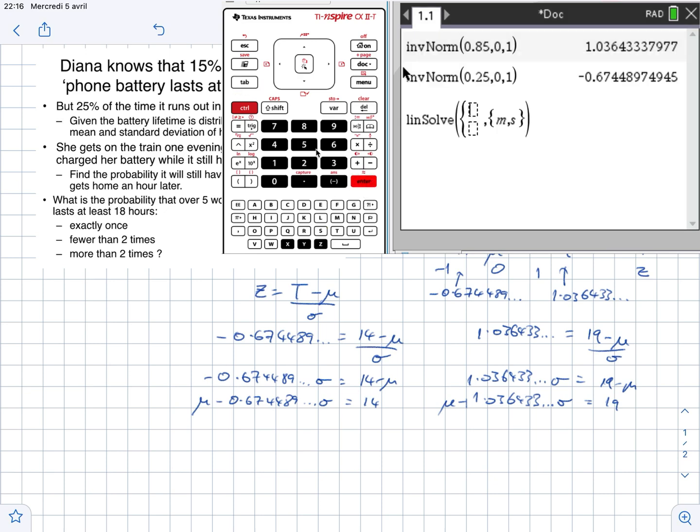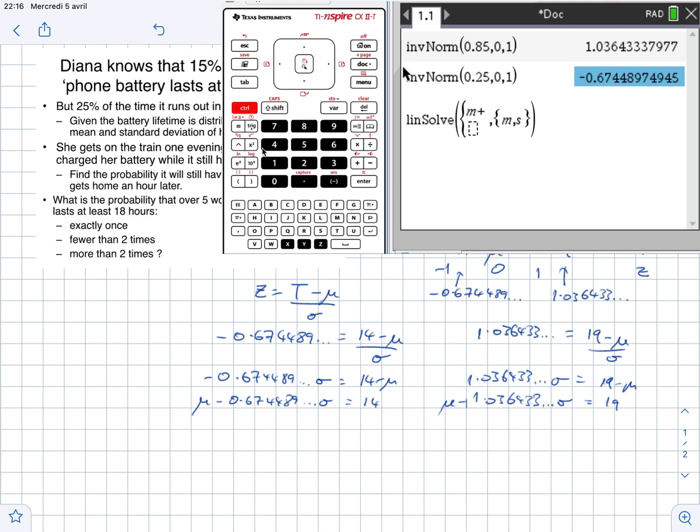Now it sets up my two equations for me, which I'm going to do as mu is M, plus, so I need to go and take M plus and then copy that in.